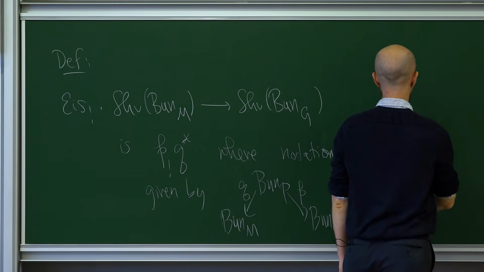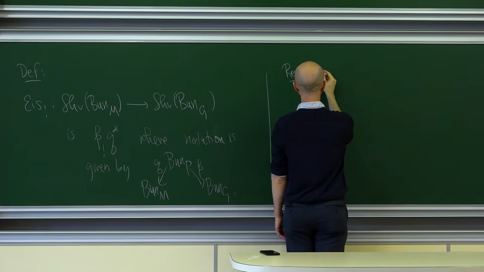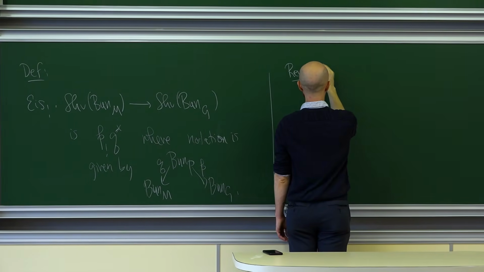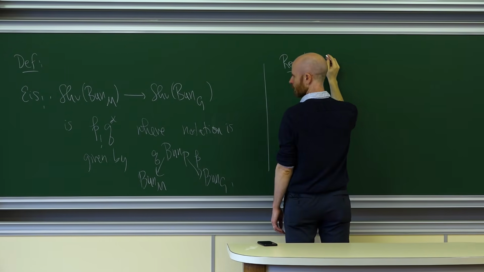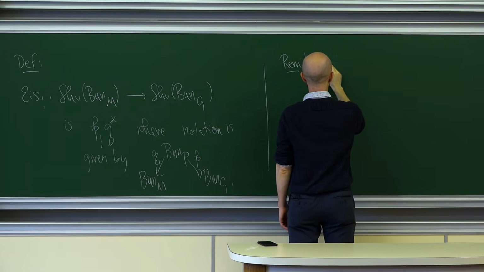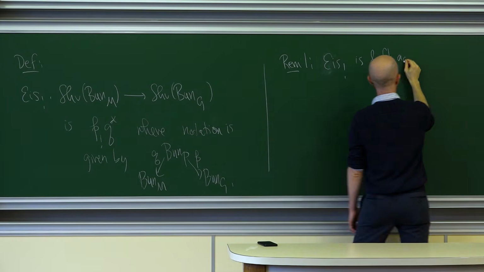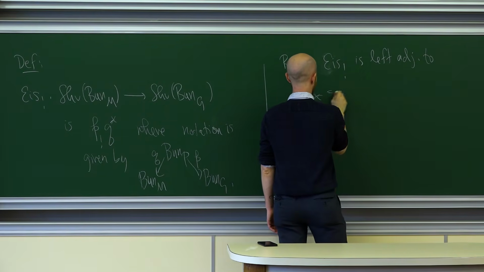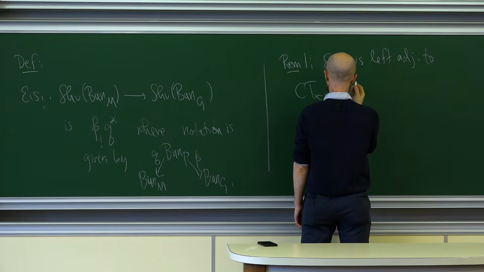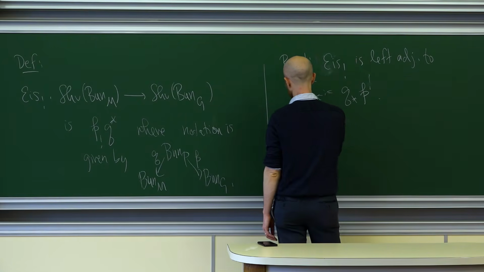And let me just make one remark. Well, let me make two remarks. So the first remark is that this functor of Eisenstein series is left adjoint to the functor of constant term, which by definition goes the other way. And so I do P upper shriek and Q lower star.